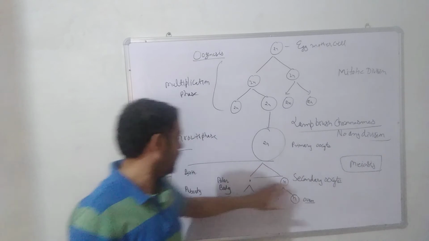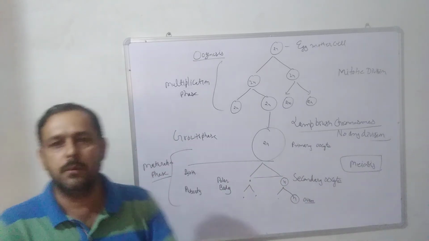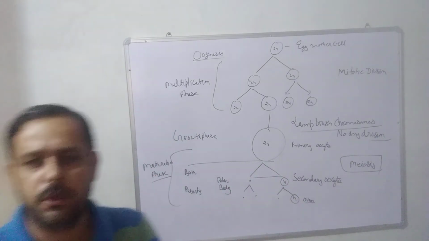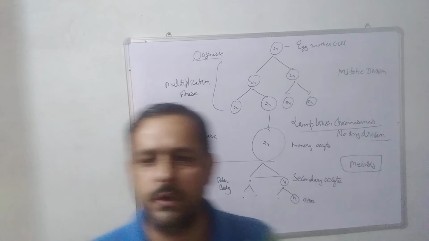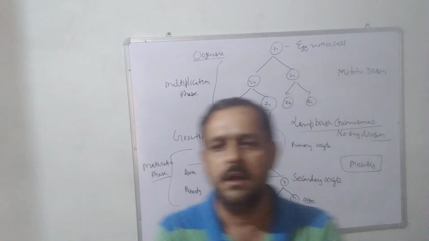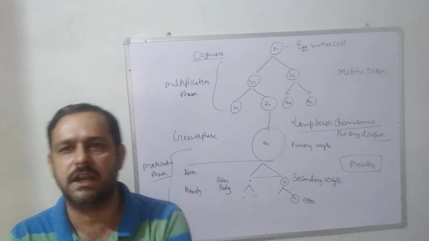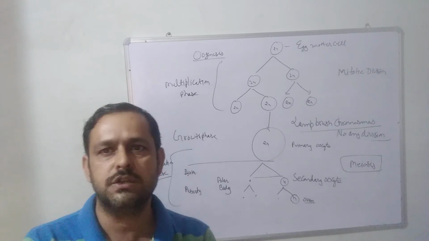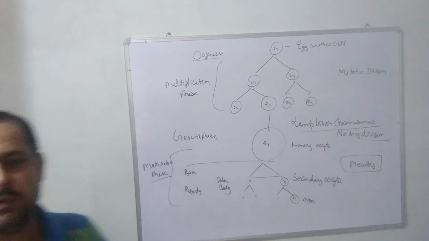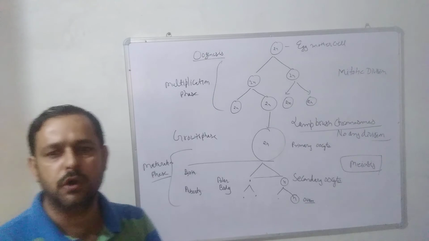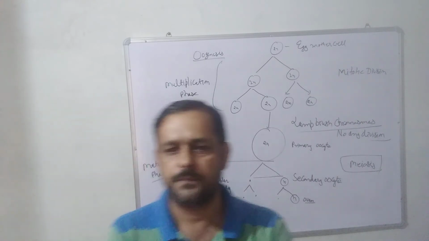The first secondary oocyte and first polar body are formed. The first is very large, having yolk, and the second is very small. The large cell is called the secondary oocyte and the small one is called the first polar body. After meiosis second takes place in both cells, the division is also unequal.